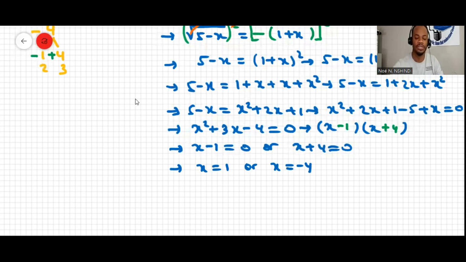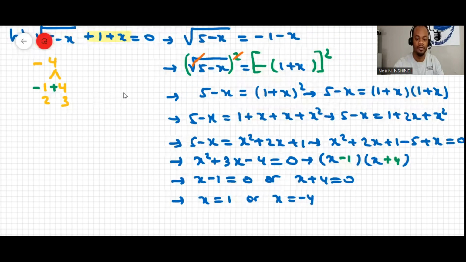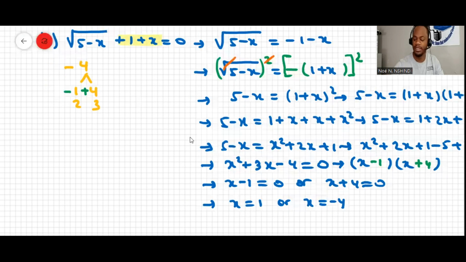We can check the solution of this. Okay, let's check if x is equal to 1, for instance. Therefore we will have the square root of 5 minus x plus 1 plus x equal to 0.